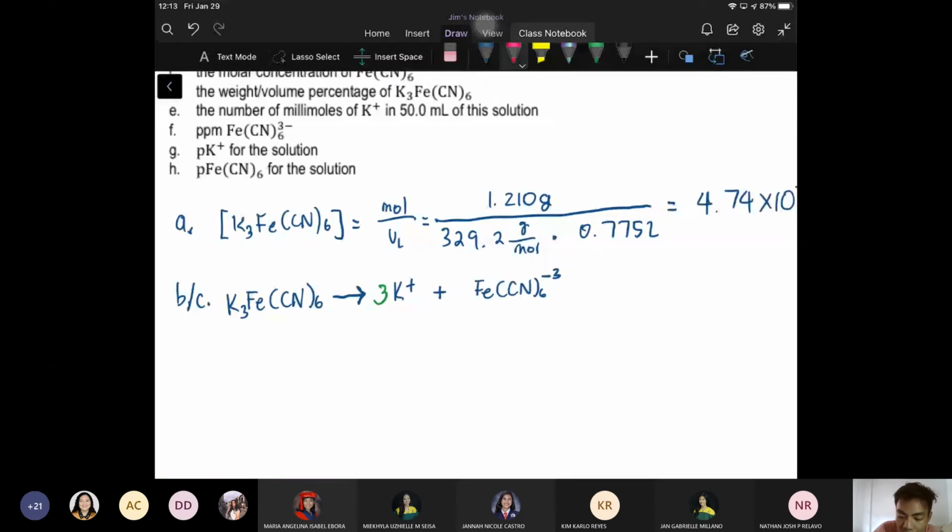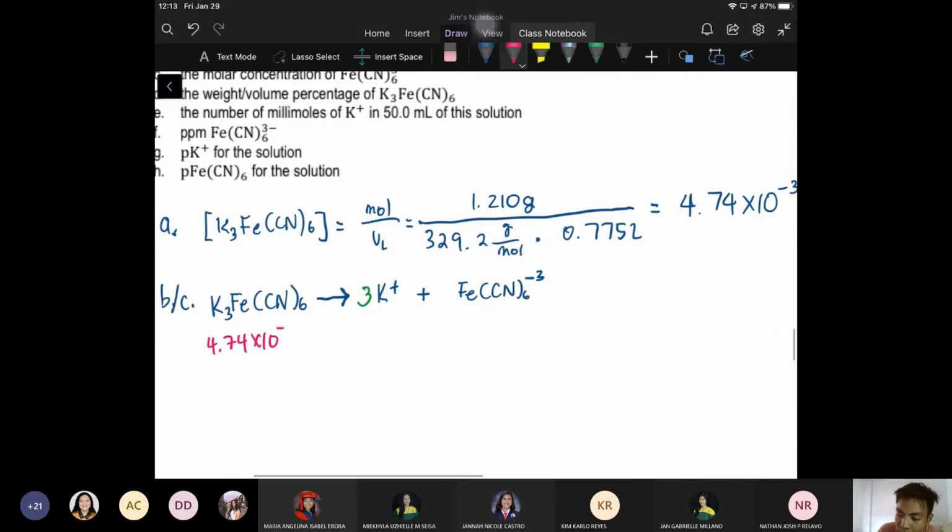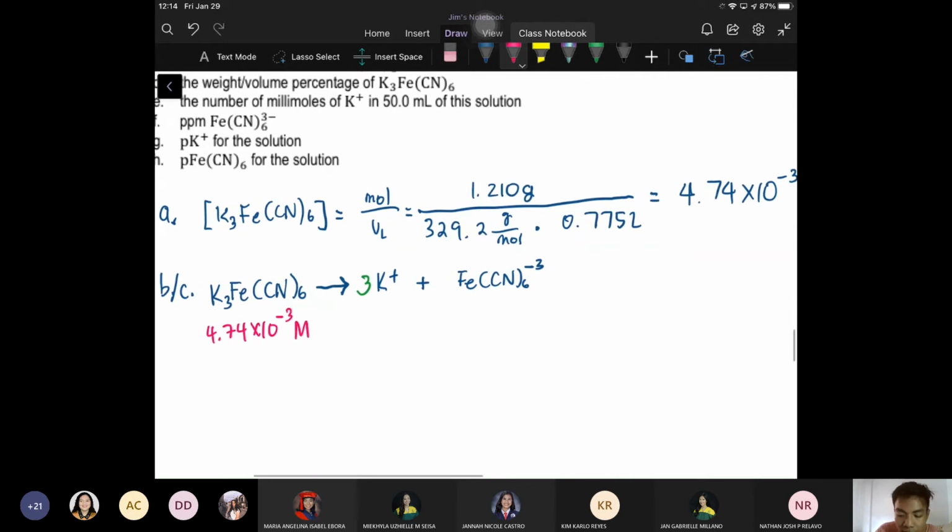Okay, so let me show you. So itong K3Fe(CN)6, this is 4.74 times 10 raised to negative 3 molar. Ngayon, yung K plus. Paano ko yung kukunin? Stoich lang. Kunin mo yung given concentration, times, paano yung Stoich?